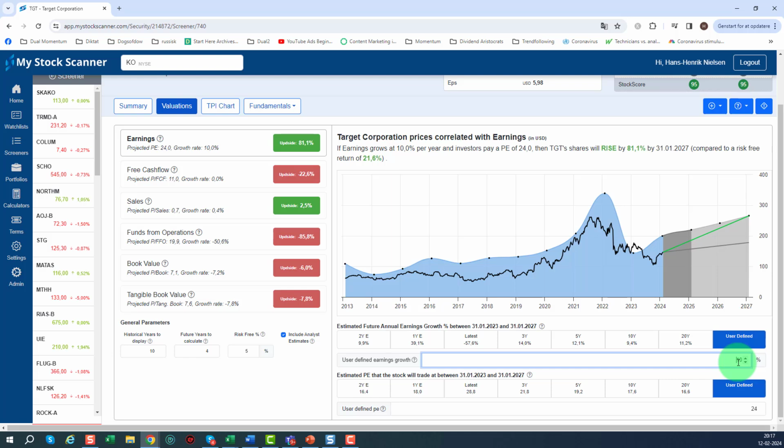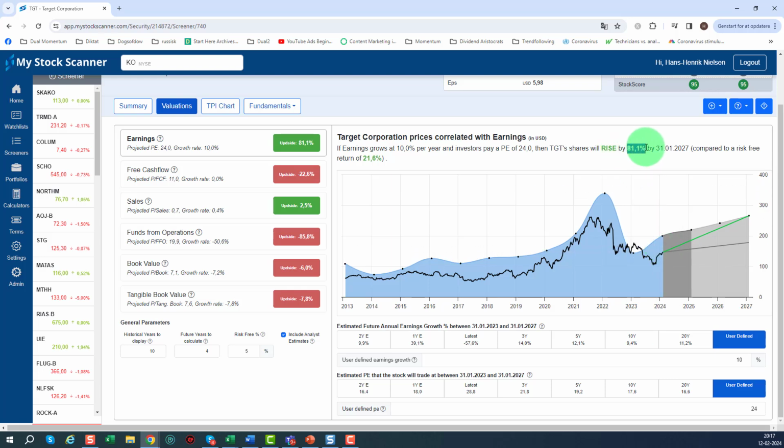The numbers, of course, need to be correct, but let's play around with them in a second. So if these growth numbers are correct, and if investors are willing to pay $24 for each dollar of profit, then it's fairly easy to calculate what the price will be out here in 3 years' time. That will be roughly $265, and today the price is $149, or $150, here.